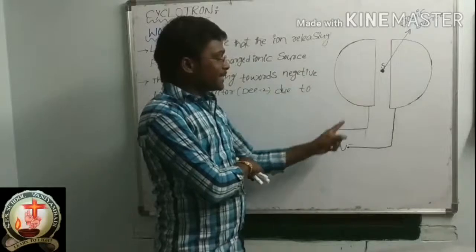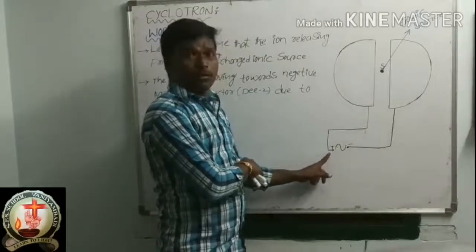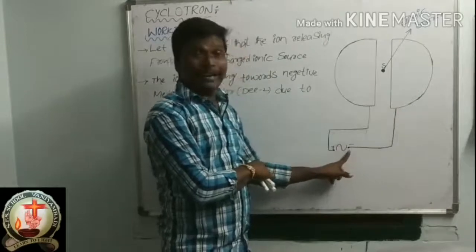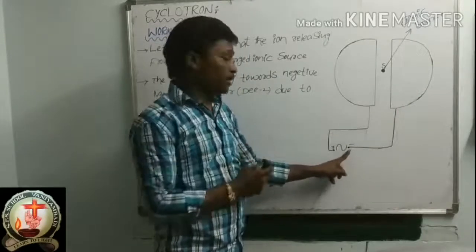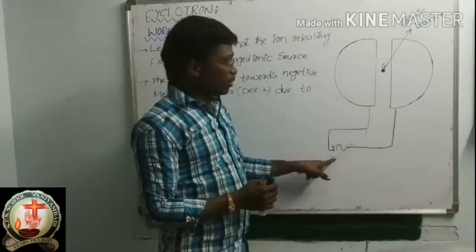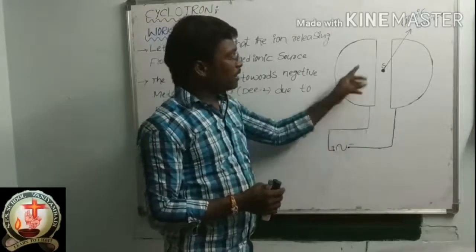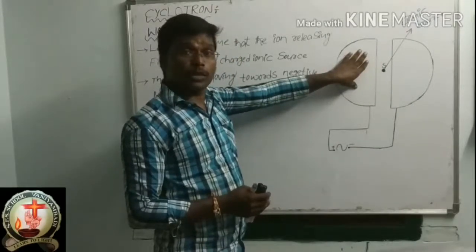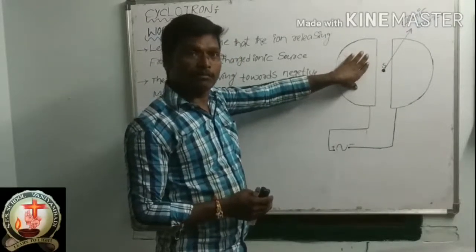First, this D is connected to the positive end of the oscillator and the second D is connected to the negative end of the oscillator. That means this D is connected to the positive terminal, so all positive charges will flow through the first D. That means this is the positive charged metal container.